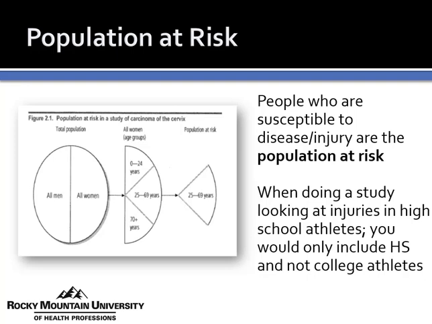So people who are susceptible to a disease or injury, those are the individuals within our population at risk. So when you're doing a study looking at injuries in high school athletes, you're going to want to make sure that you're only recruiting high school athletes and not collegiate level athletes.